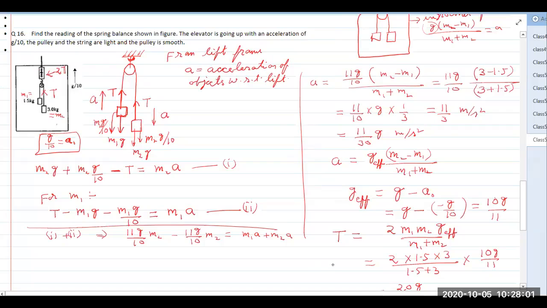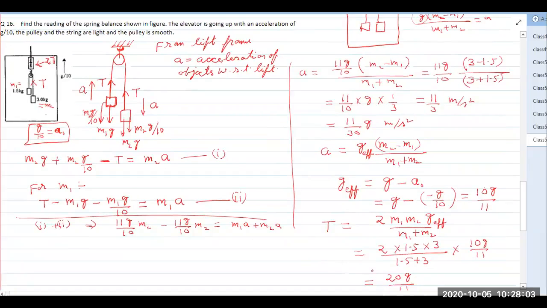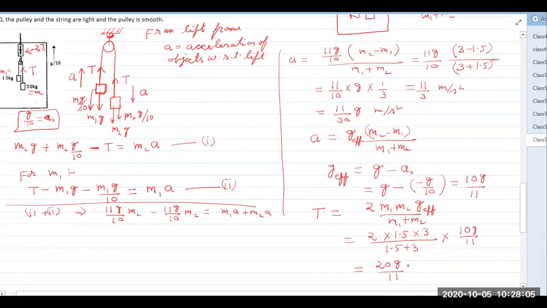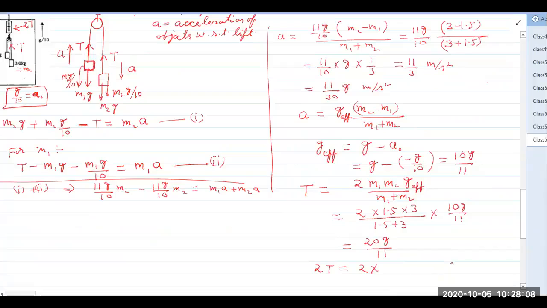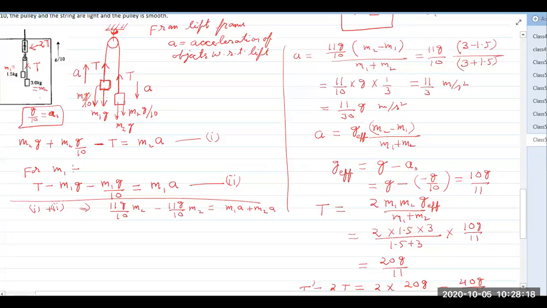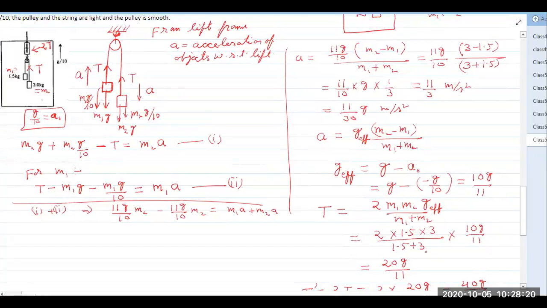Then 2t will be equal to double of 20 g by 11, so 40 g by 11. This is the upper string tension, or the reading shown in the spring balance.